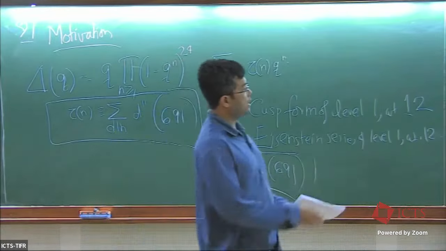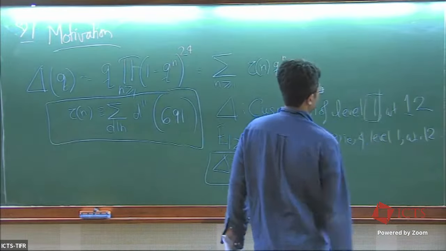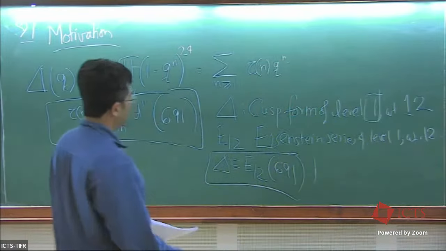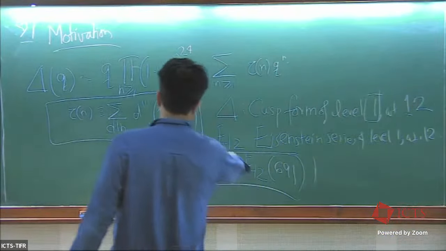The motivation is that instead of level 1, I want to change to a general level. How far can you go with general level? At the end, I will give some congruences similar to this.